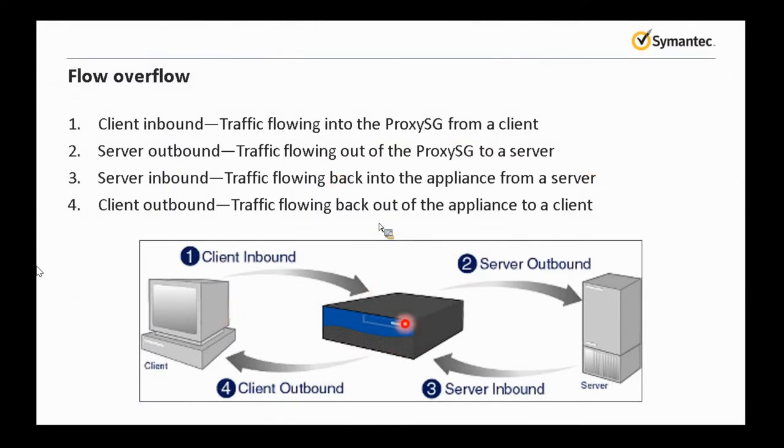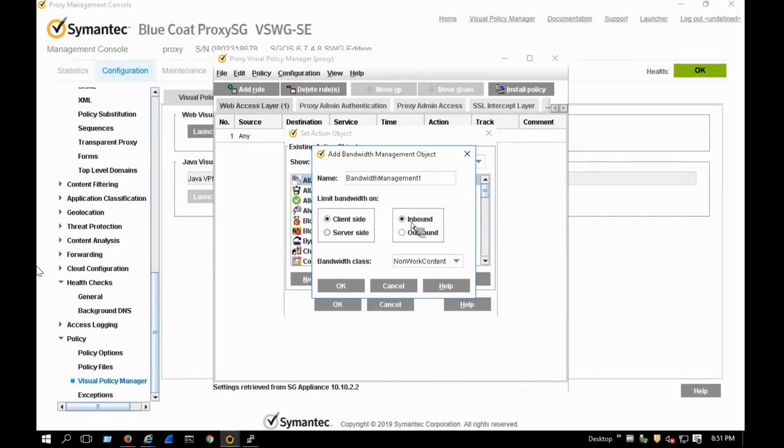So first of all, the reference is the proxy. All right? So when you say client side inbound, when you reference the proxy, this means to say it is the traffic from the client to the proxy, because it is inbound to the proxy. Right? That is the interpretation of the proxy.